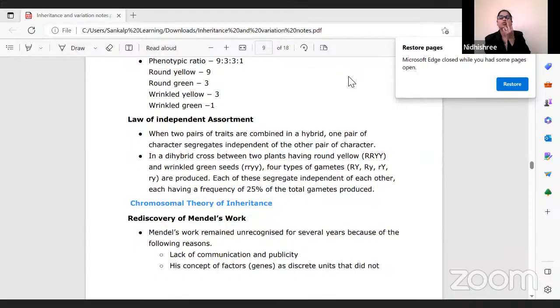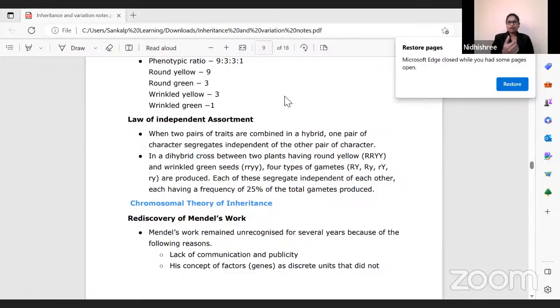Mainly, Gregor Mendel did two experiments, guys. One is monohybrid cross, the other one is dihybrid cross. From the monohybrid cross he put forth the law of dominance.